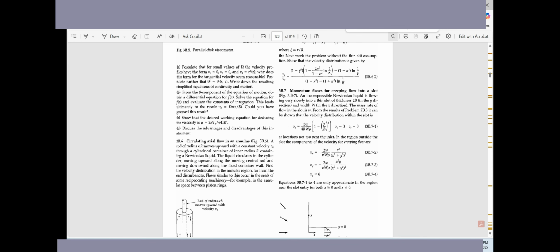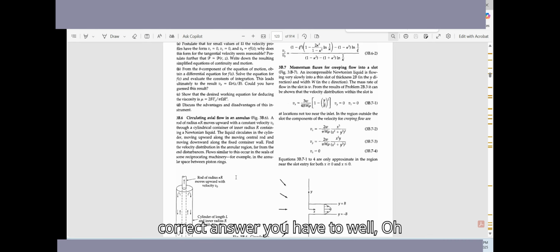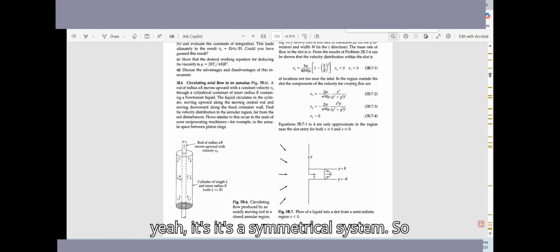No, it doesn't say that specifically, but to get the correct answer, you have to. Oh yeah, it's a symmetrical system. There's no difference from here to here, so theta, this direction around, is not going to make a change. So that's why you can get rid of that term. The system is symmetrical.